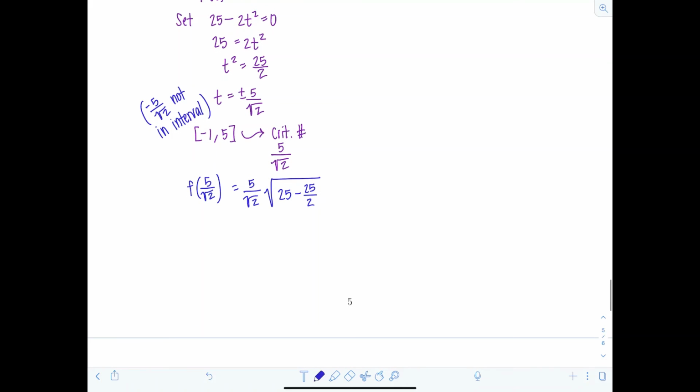Okay, so here we're going to have 5 over rad 2 times the square root. 25 minus 25 over 2, that's 50 over 2 minus 25 over 2, so that's another 25 over 2, all underneath the radical. So then this is going to give me 5 over rad 2 times 5 over rad 2, which is 25 over 2. Okay, so there's our y value from the first critical number.